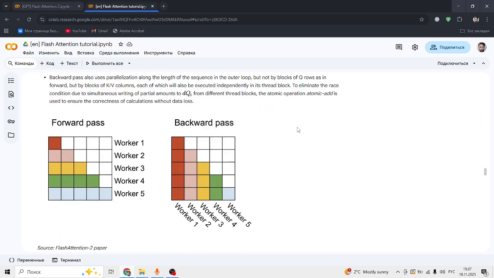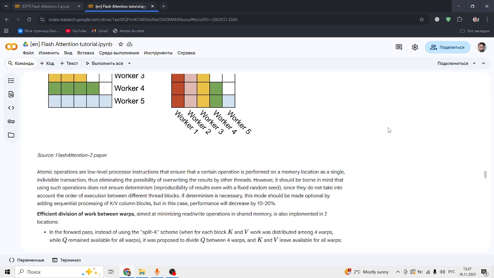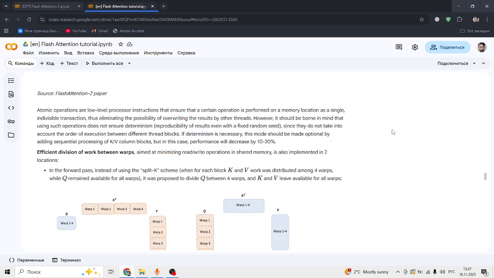So the scheme is represented here. We also need to keep in mind that atomic operations don't guarantee the order of operations, and that means that if we use atomic operations, our algorithm won't be deterministic.